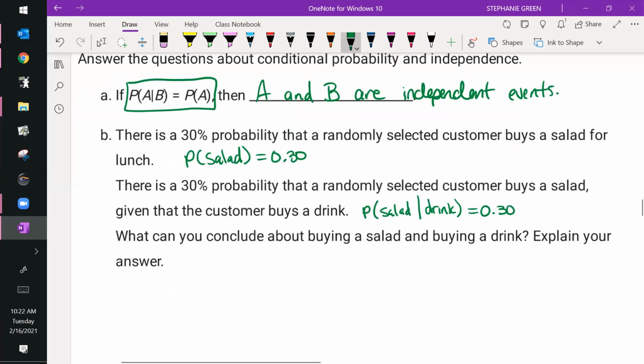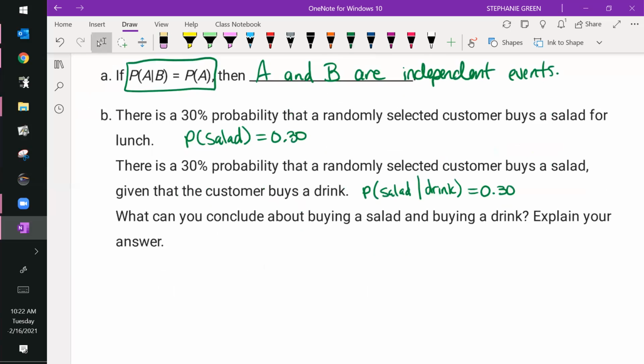What can you conclude about buying a salad and buying a drink? Well, the probability of buying a salad is the same even if the customer buys a drink. They're both 30%. So the fact that the customer bought a drink had no effect on the probability of them buying a salad. So buying a salad and buying a drink are independent events.